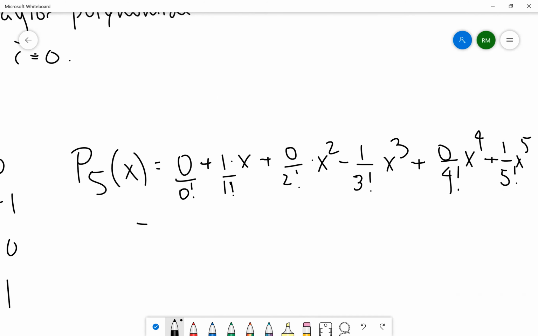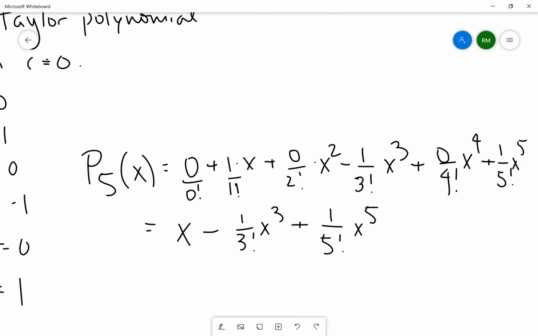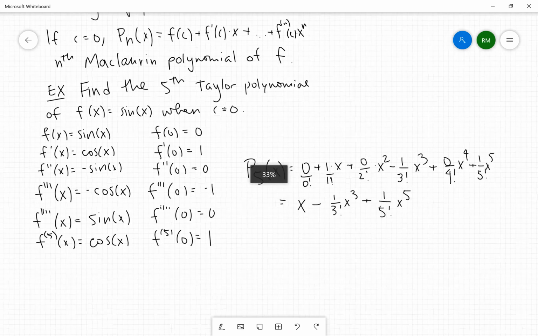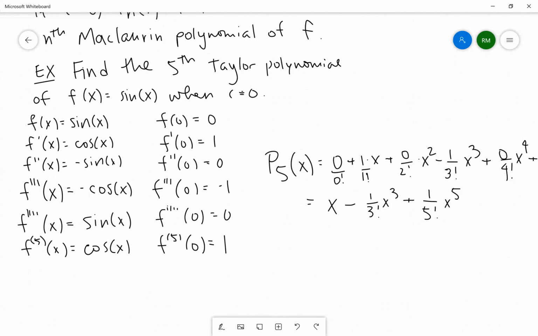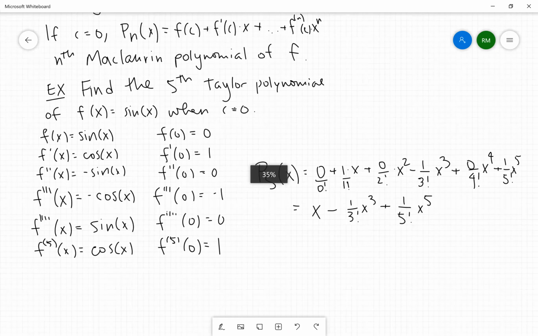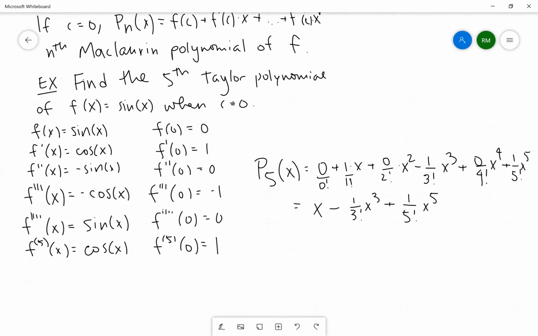So if I simplify this, I get x minus 1 over 3 factorial x cubed plus 1 over 5 factorial x to the fifth. And so that is the fifth Taylor polynomial of sine of x when c is 0.